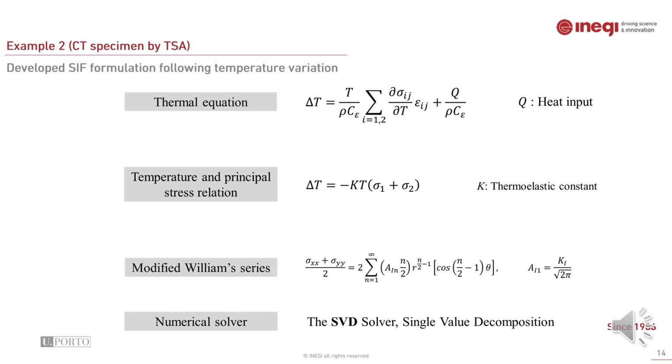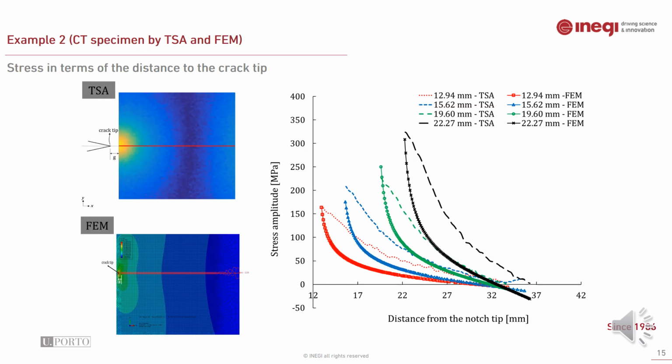This can go to the Williams series expansion, and through singular value decomposition it is possible to produce the stress intensity factor in mode 1. The image on the top shows the stress from thermoelastic stress analysis, and the bottom is from the finite element method.